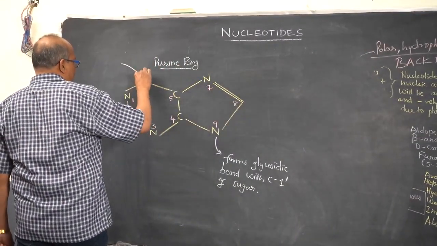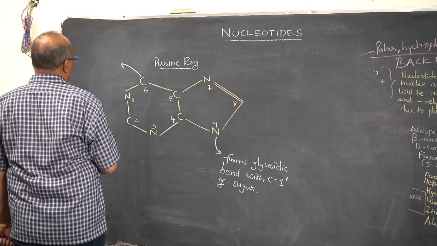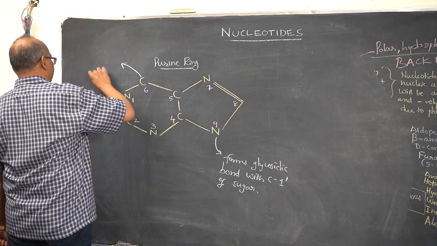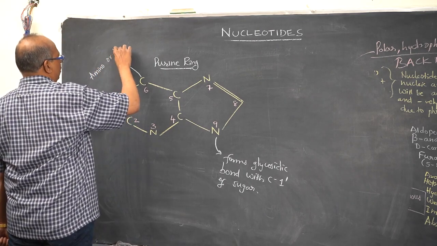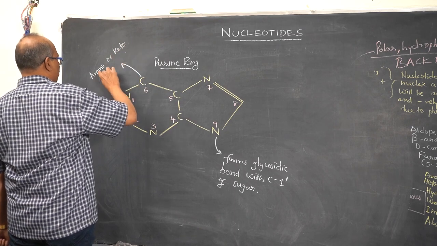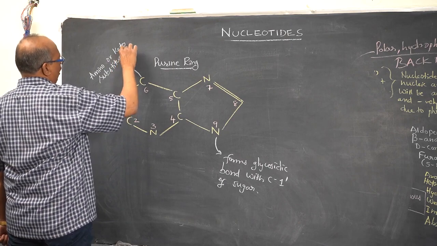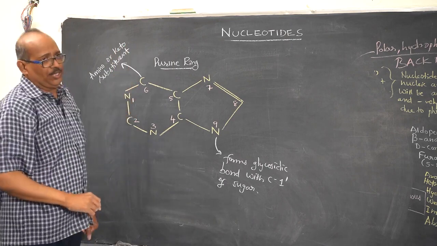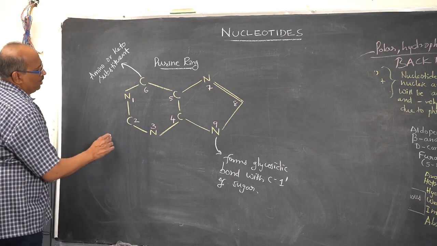This position determines whether the base is amino or keto. Amino or keto substituent. If you have an amino group, then it will become aminopurine. If you have a keto group, then it will become ketopurine.